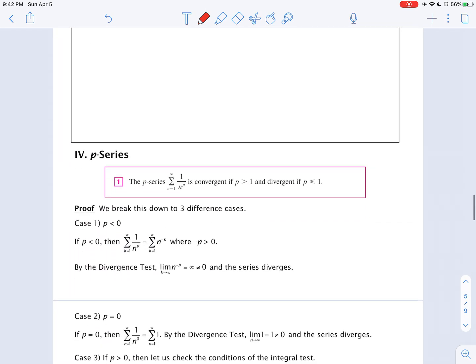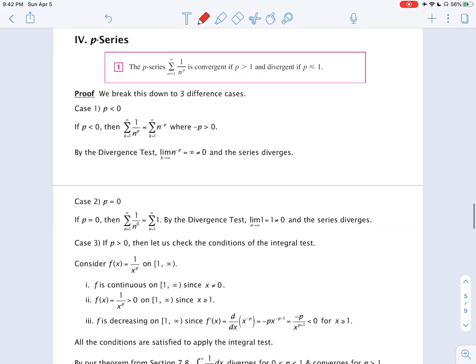We can try that as an example. So we can use the integral test to expand and provide another test, the p-series test. This is another test for convergence that we can add to our tool bag.